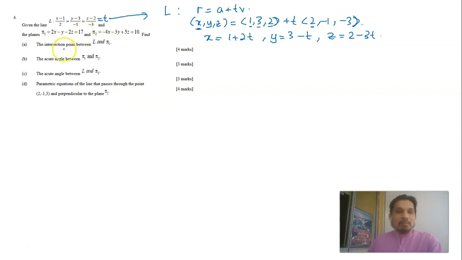So now, with the planes pi 1 and pi 2, find the intersection point between L1 and pi 1. So we are going to substitute the values of x, y, and z into the equation of plane pi 1.